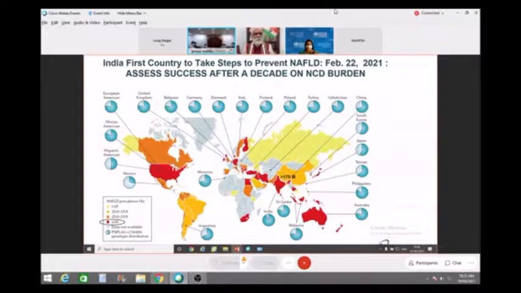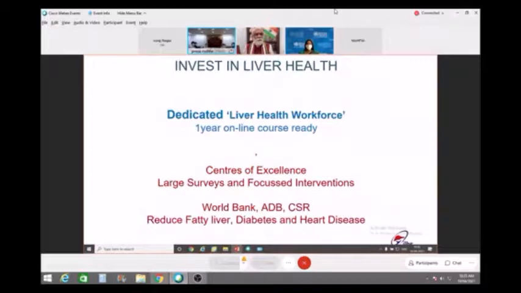If we can decrease the 170 million adults above 18 who have fatty liver, can we make a difference and decrease all NCDs? So I would urge everyone to invest in liver health, dedicated liver health centers, World Bank and others, so that we can decrease the burden of fatty liver and diabetes.